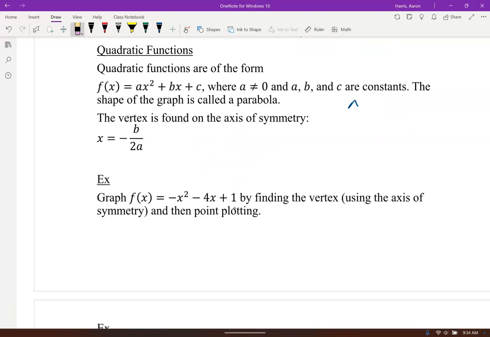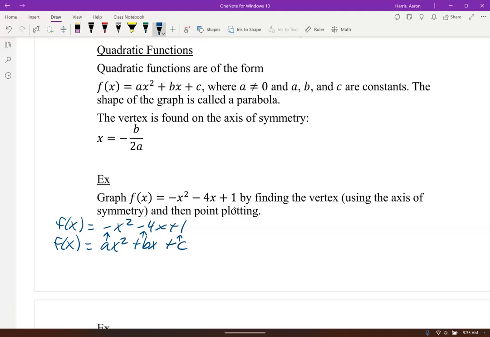Okay, so let me erase this. Alright, so here's my function. F of x equals -x squared minus 4x plus 1. Let me write the standard form of this: ax squared plus bx plus c. Notice my a is -1, my b is -4, and my c is 1.